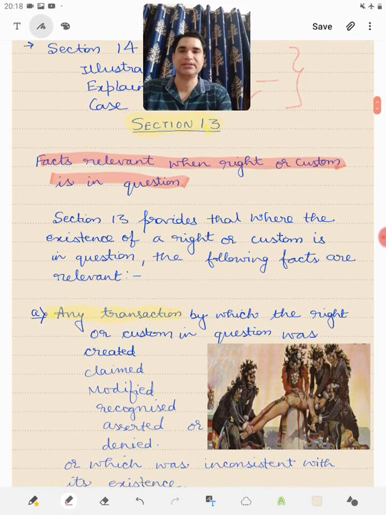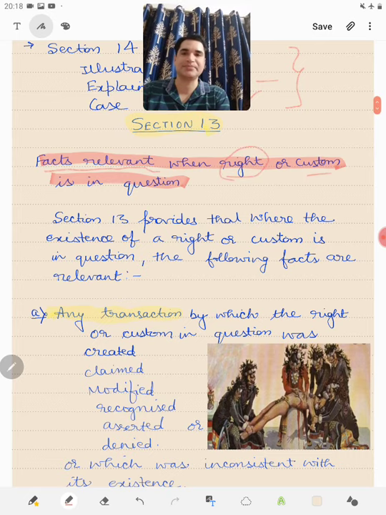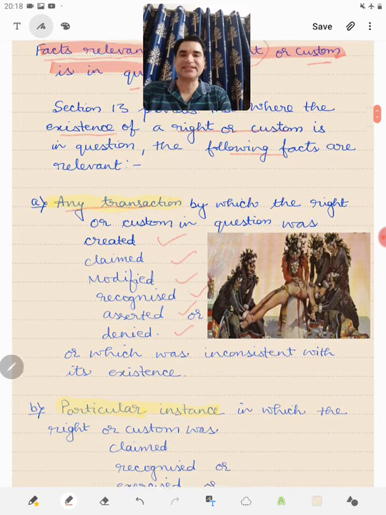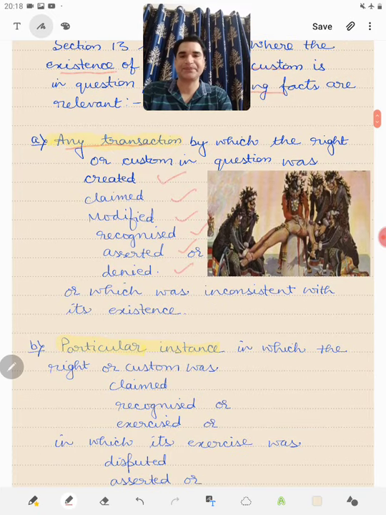Section 13 gives facts relevant when right or custom is in question. So Section 13 provides that where the existence of any right or custom is in question, the following facts are relevant. A: any transaction by which the right or custom in question was created, claimed, modified, recognized, asserted, or denied, or which was inconsistent with its existence.